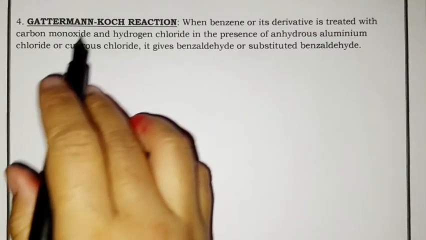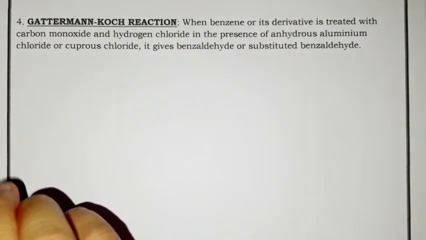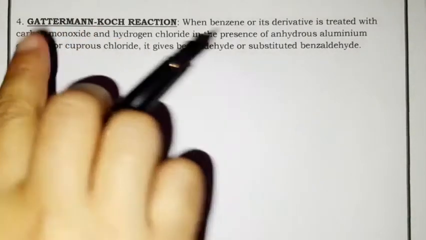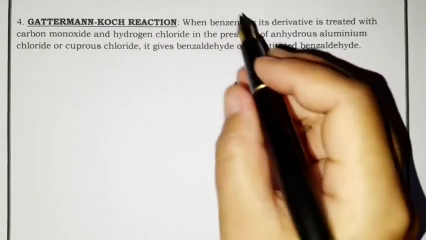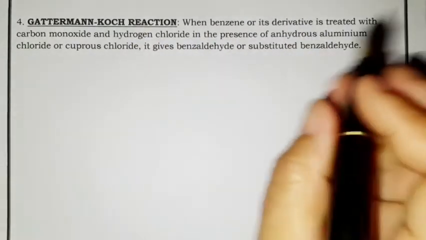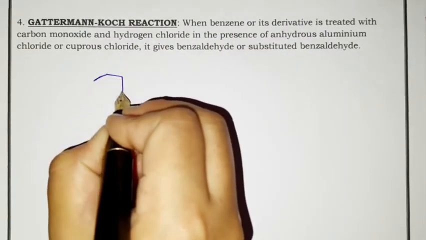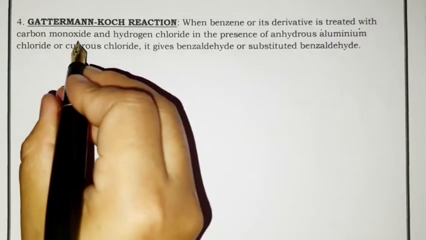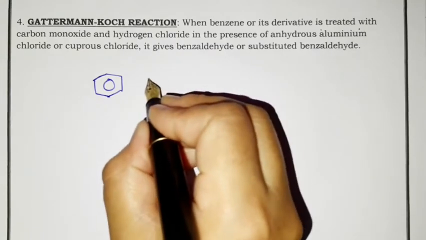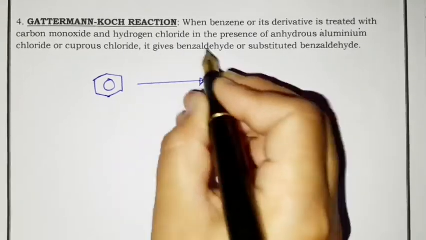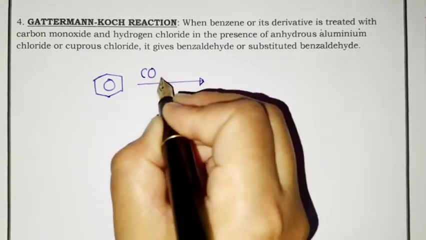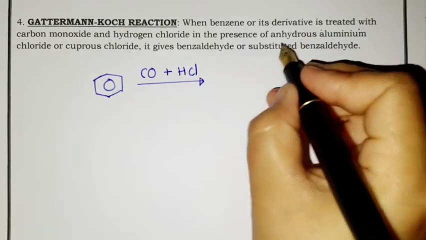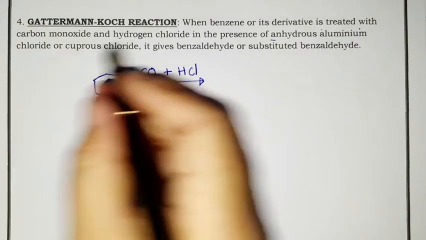Next is the GATTERMANN-KOCH reaction. There is the GATTERMANN reaction and the GATTERMANN-KOCH reaction, the two are different. Okay, so these are from two scientists. Now in your reaction, benzene or its derivative, first we will take the simple molecule, benzene, and treat it with carbon monoxide and hydrogen chloride, in the presence of anhydrous aluminum chloride.